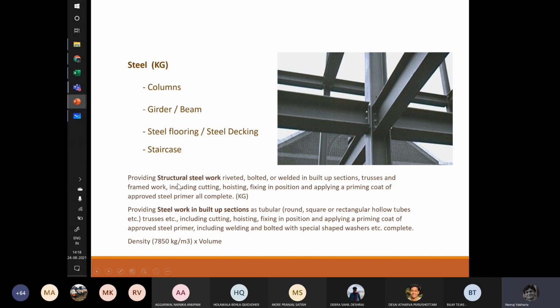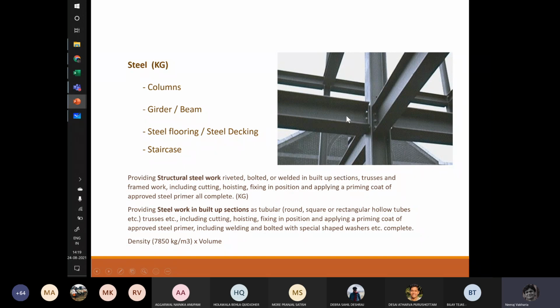So now when we are talking about the steel work, we have to mention providing structural steel work. Structural steel work specifically I have mentioned because it will be used for structure, I mean, to create your framework. So your portal frames and all those things will also come in this. Providing structural steel portal frame, might be riveted or bolted or welded, in built up sections.